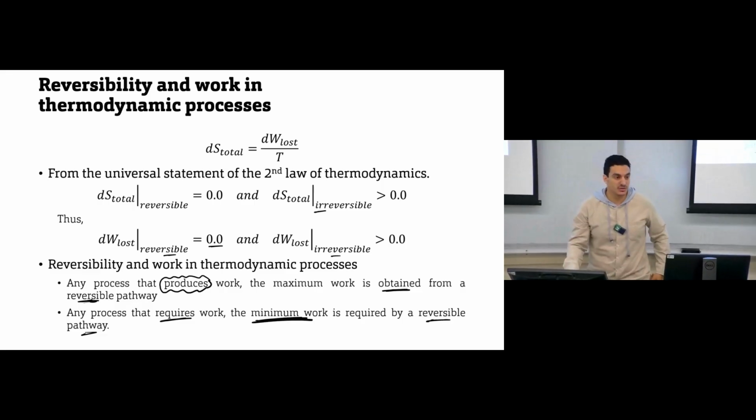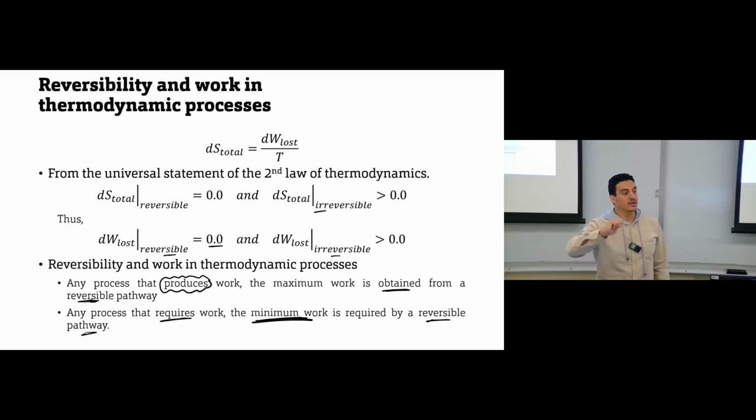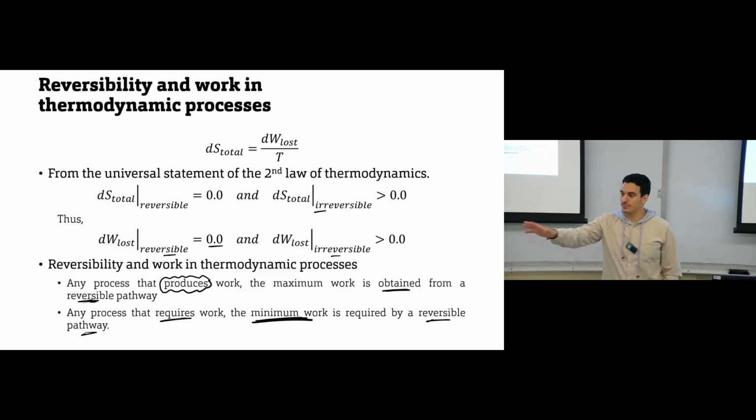So a reversible process, if producing work, will give you the maximum work compared to any other process. If this process needs work to operate, the reversible process is the most efficient. What this means is it will take the minimum amount of work to give you the function you need. So it will give you the ultimate, maximum savings.